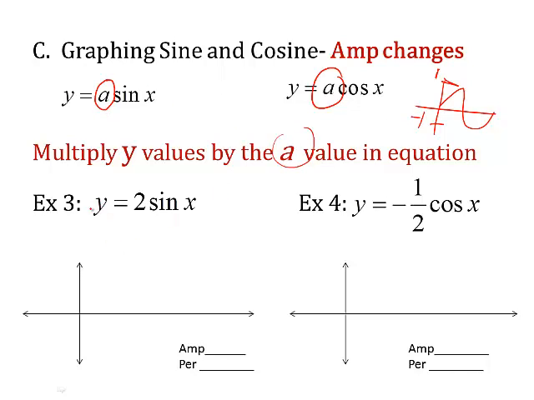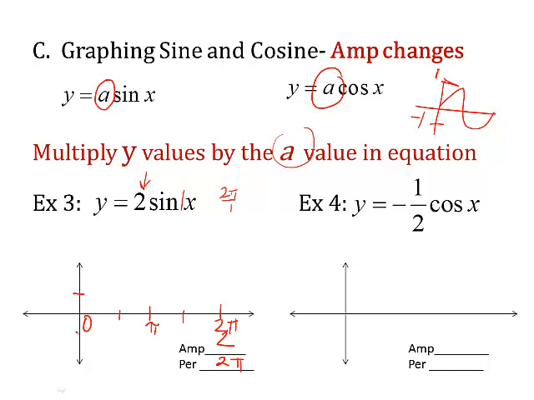So on example 3 here. The amplitude, what is a, 2, right? The period, that's a 1, so my period is 2 pi divided by 1, which is 2 pi. Alright, so I'm still going to 2 pi. My x values look about the same as my parent function, so just take that from your parent function.